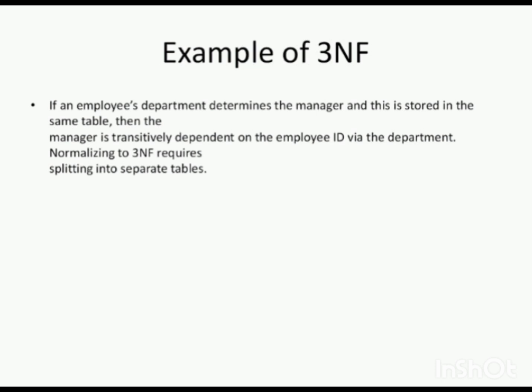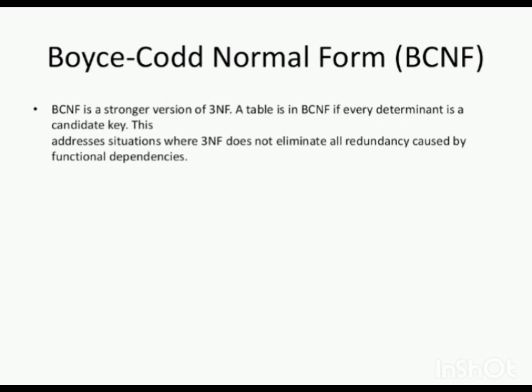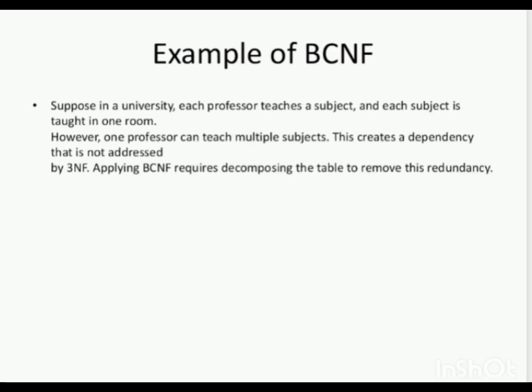Next, Boyce-Codd normal form. BCNF is a stronger version of 3NF. In a BCNF table, every determinant must be a candidate key. It addresses situations where 3NF does not eliminate all redundancy because of functional dependencies. For example, suppose in a university professors teach subjects and each subject has one room.